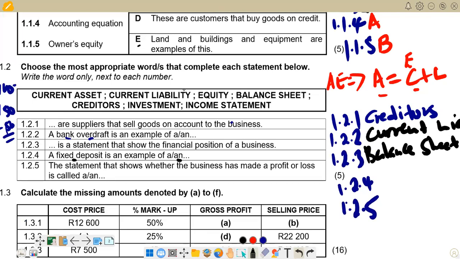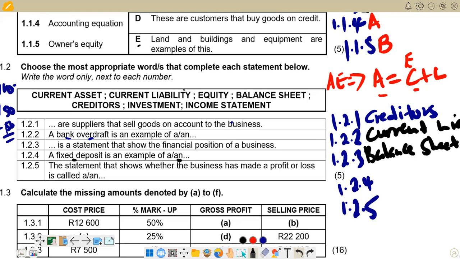Maybe we can define the term investment so that we can understand how a fixed deposit is an investment. An investment is any situation whereby we have an asset, or an item, that we acquire with the main goal that the asset will generate income.